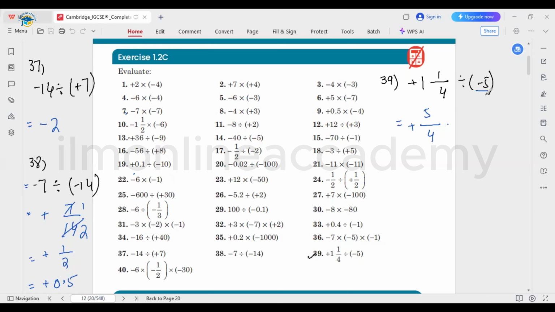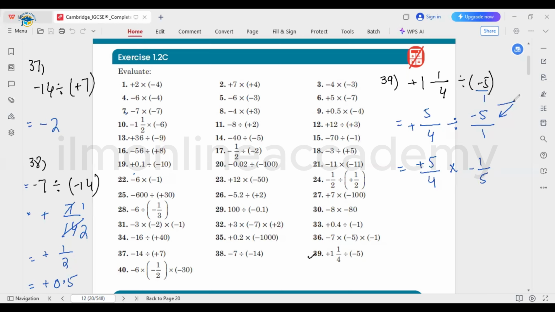So let's say that there is 1 under this negative 5. If some whole numbers are there, we can have 1 under that to change it into a fractional part. Then the division sign, as they gave us, we need to change into multiplication so that we can invert this fraction to make it simplified. So positive 5 by 4, this division sign is going to be changed into multiplication, and we are going to write negative 1 by 5.